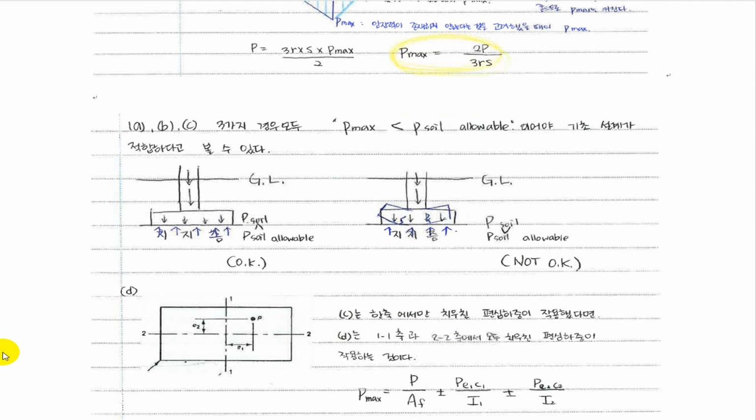In other words, we have to prevent the overturning moment in the foundations by making a larger foundation so that the allowable soil bearing capacity is greater than the soil pressure on the foundations.